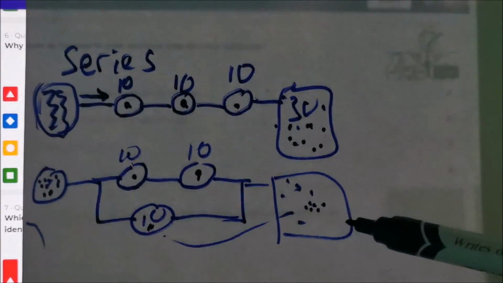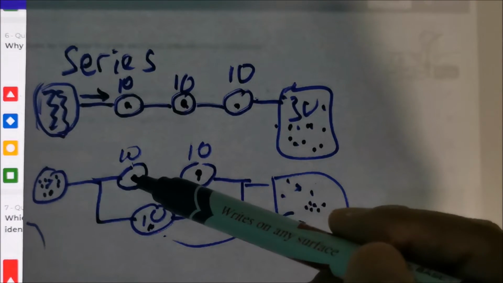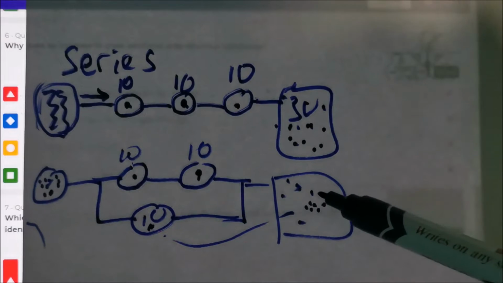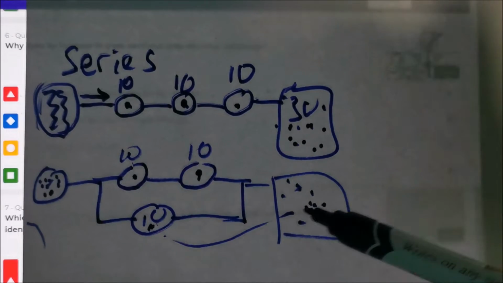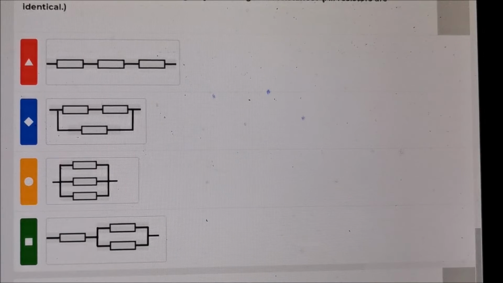I think the 30 of you finish faster because why? Now you only have to do 10 and then finish, or some of you only do 10 down here, right? You will finish faster. Alright, now the connection down here is a mixture of series and parallel. Now why do I say it's a mixture of series and parallel?